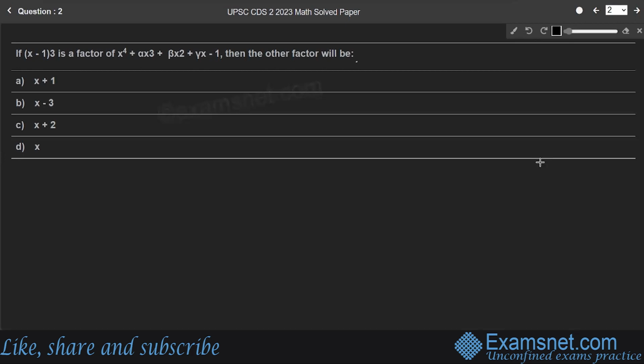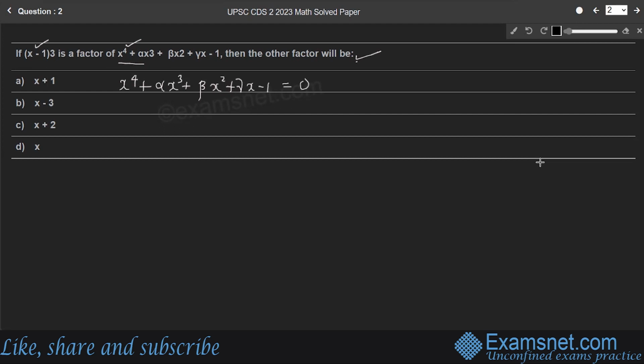Question number 2. If x minus 1 whole raised to 3 is a factor of x raised to 4 plus alpha x cube plus beta x square plus gamma x minus 1, then the other factor will be. Students will consider the given polynomial x raised to 4 plus alpha x cube plus beta x square plus gamma x minus 1 equal to 0.